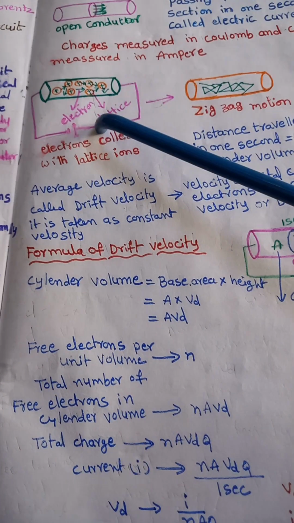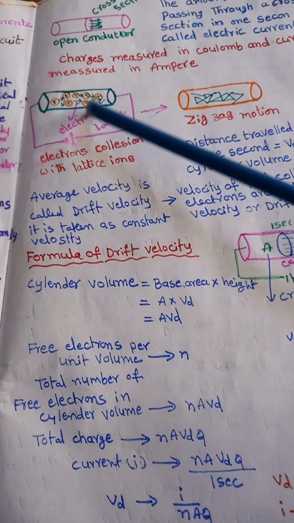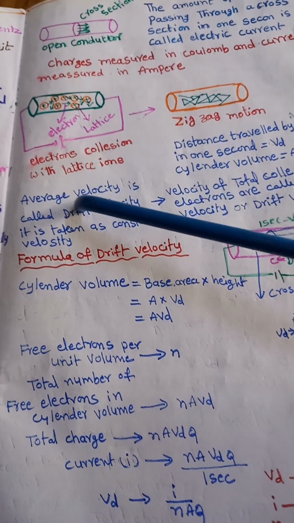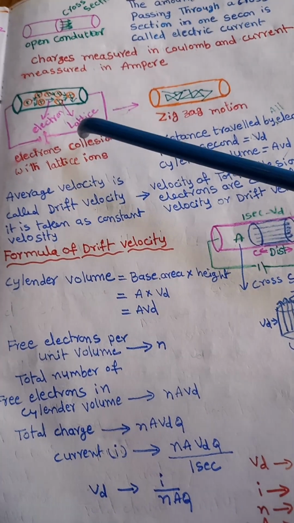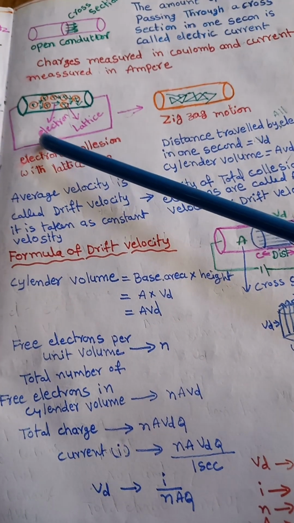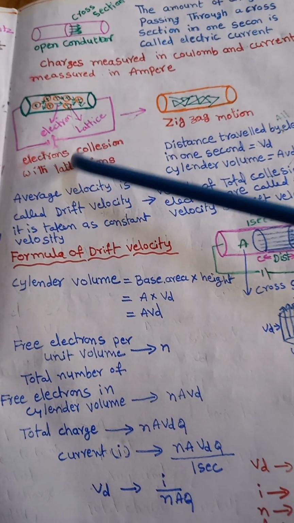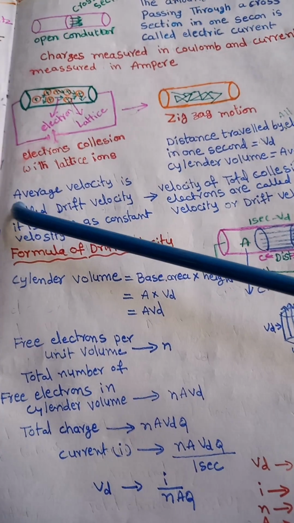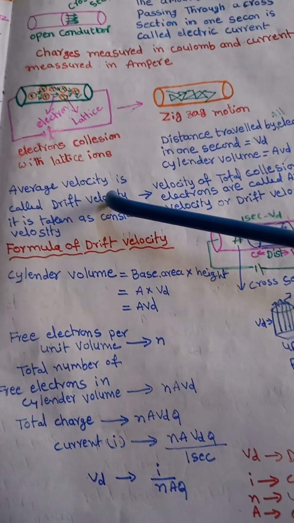There are so many electrons in the conductor that we cannot measure the velocity of each electron inside the conductor. So here we take the average velocity.